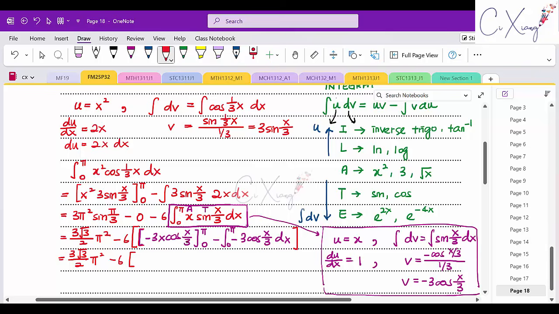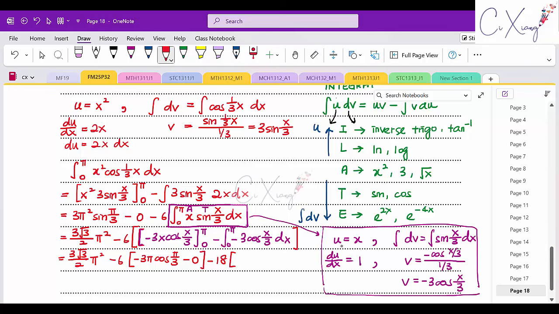Substitute the pi inside, so I'll have negative 3 pi cos pi over 3, minus negative 3. You substitute 0 into the x here, it becomes 0, so I don't need to write it out so complicated, I straight away write it as minus 0. Then negative 3, you have a positive 3. Multiply with negative 6, you'll have negative 18. 6 times 3 is 18, right?